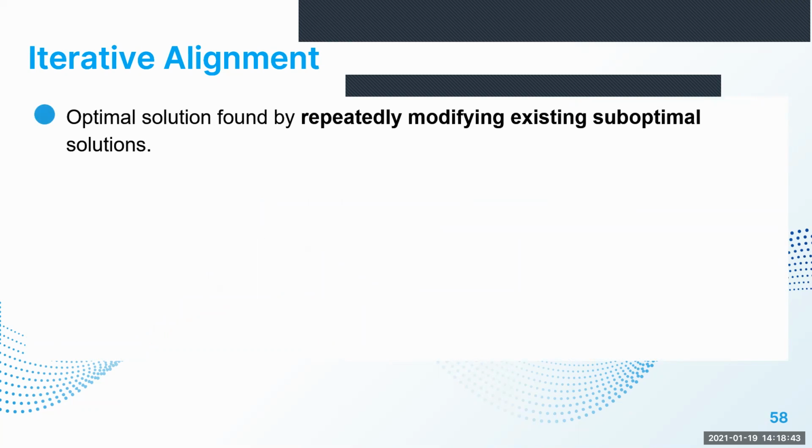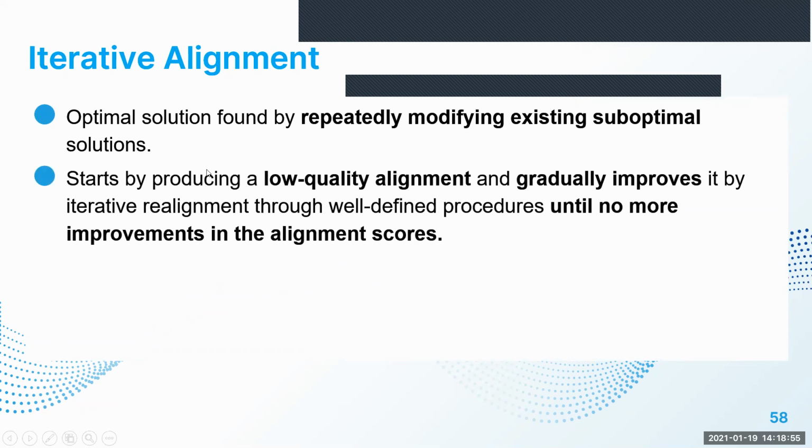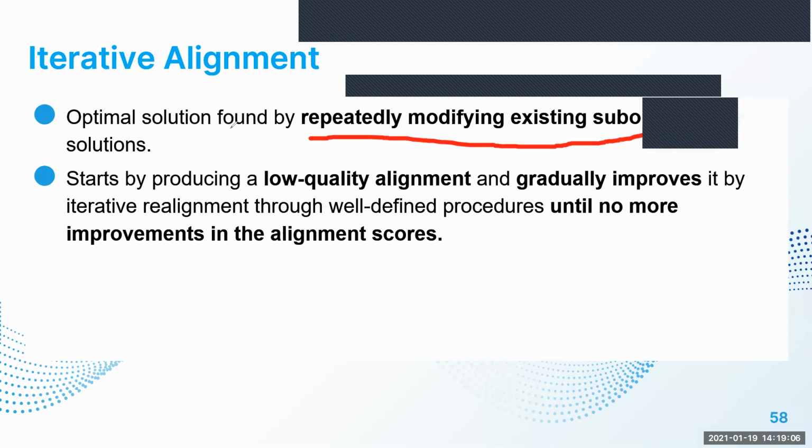So we repeatedly modify the existing suboptimal solution. We keep iteratively optimizing these suboptimal solutions. So we start from a low quality alignment, but we gradually improve it, right?